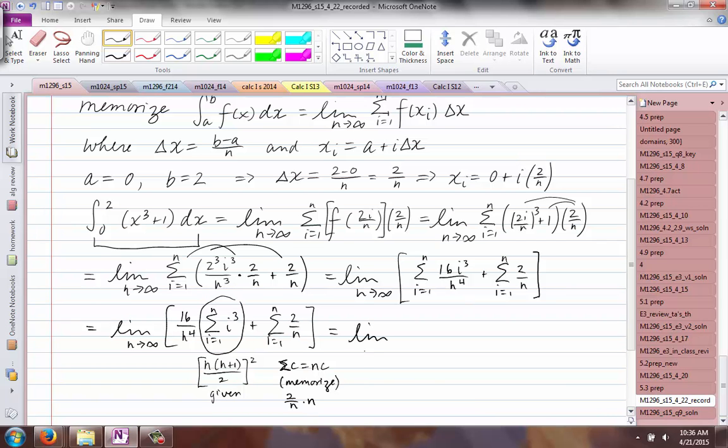So writing that out, the limit as n goes to infinity of 16 over n to the fourth times, now big brackets on top, n times parentheses n plus 1, all that over 2, finish the brackets, squared, plus 2n times n.